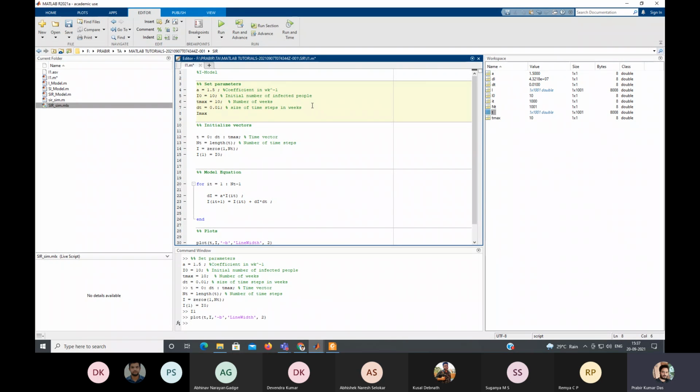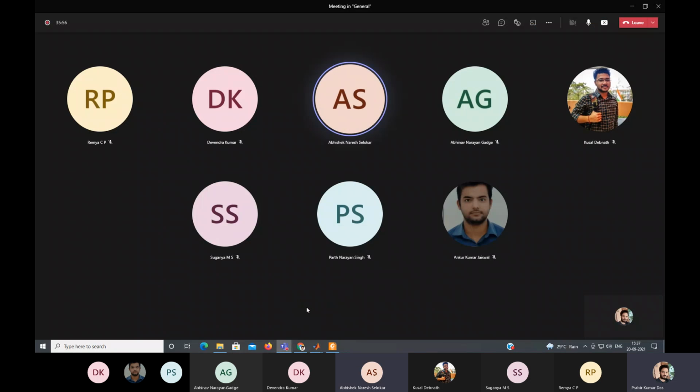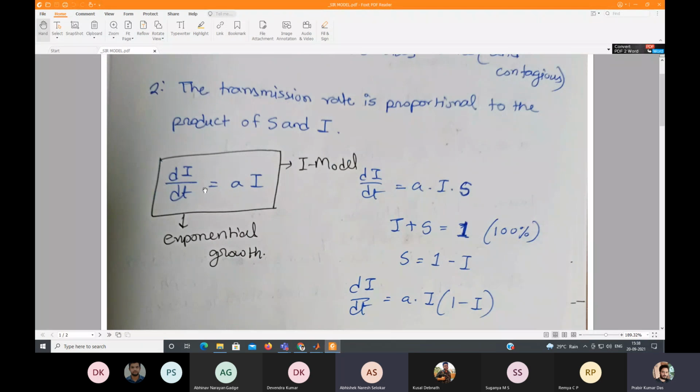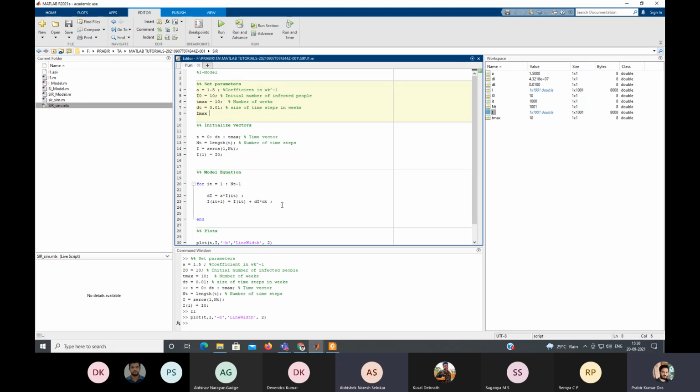Excuse me, sir. In model equation, why did we take di into dt? In that Matlab code, in model equation for loop third line, this is I of it, di into dt.